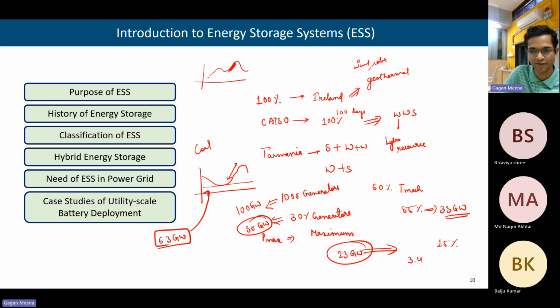It comes out to be 3.45 gigawatt. So what I am trying to say here is that in one time block, in 15 minutes, this 100 gigawatt of coal generation which we have will ramp by 3.45 gigawatt only.